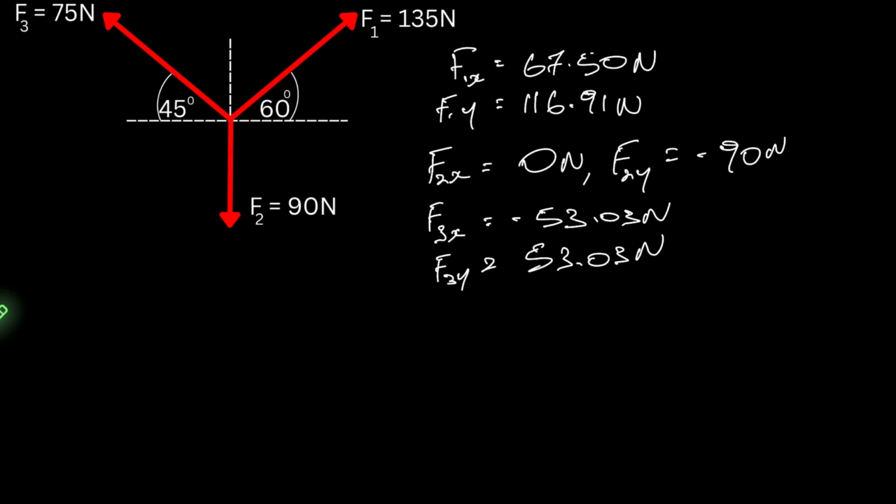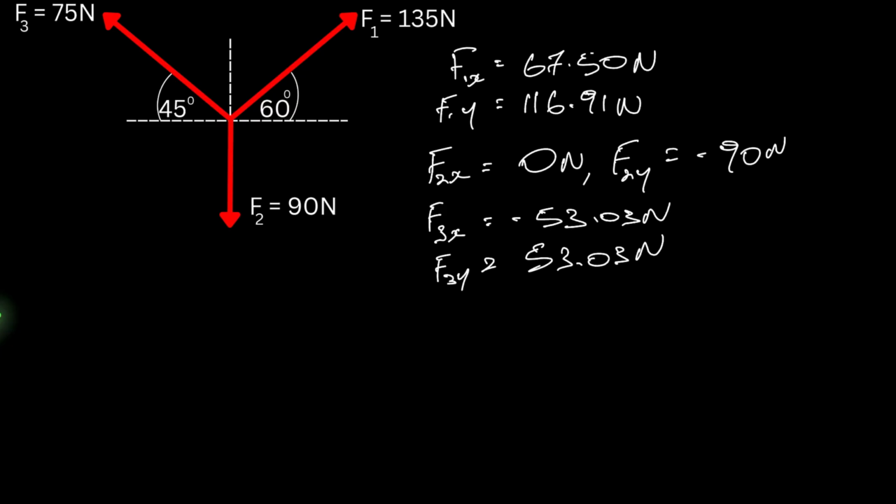What we're going to do now is calculate the resultant, and then we'll calculate the direction or the angle. What you're normally asked for is to sketch this graphically, and I'm going to show you how to do that now. The first thing you need to do is sum all the horizontal components.